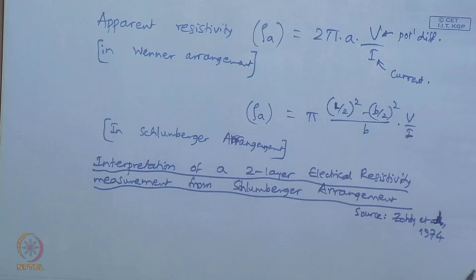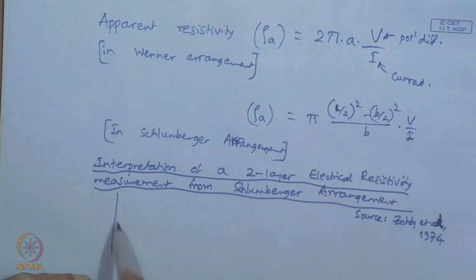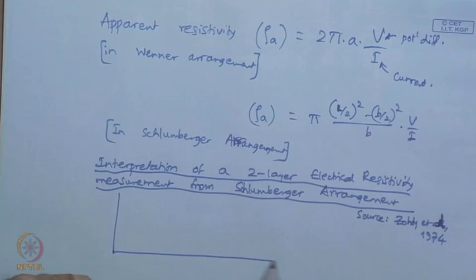In this, the apparent electrical resistivity rho A is indicated along a vertical logarithmic scale.